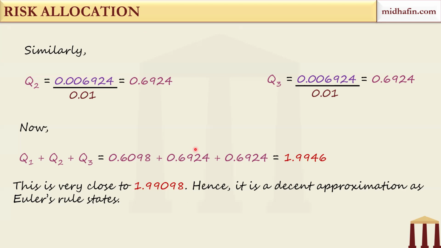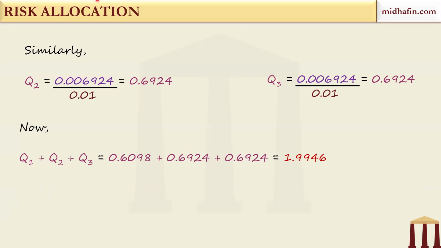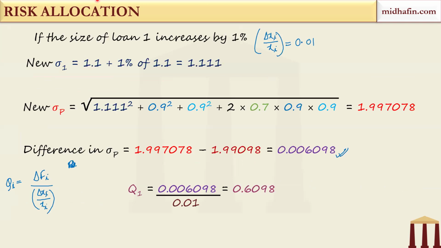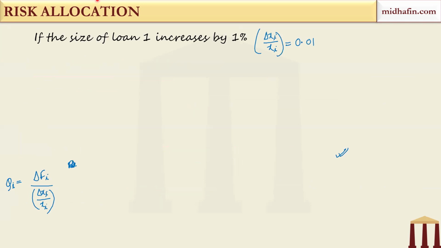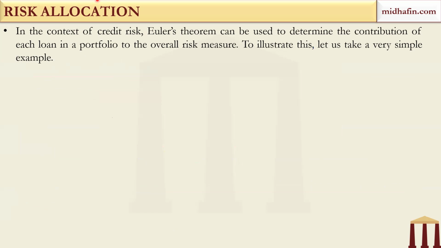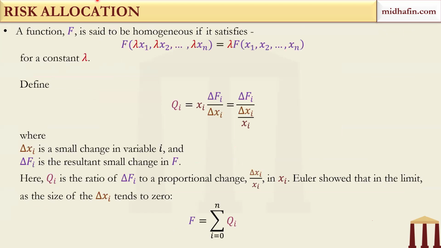So how is Euler's approximation applied? You're asking now. The first condition of Euler's approximation is that the ratio of delta xi to xi should be very, very small. This will happen when delta xi tends to 0.